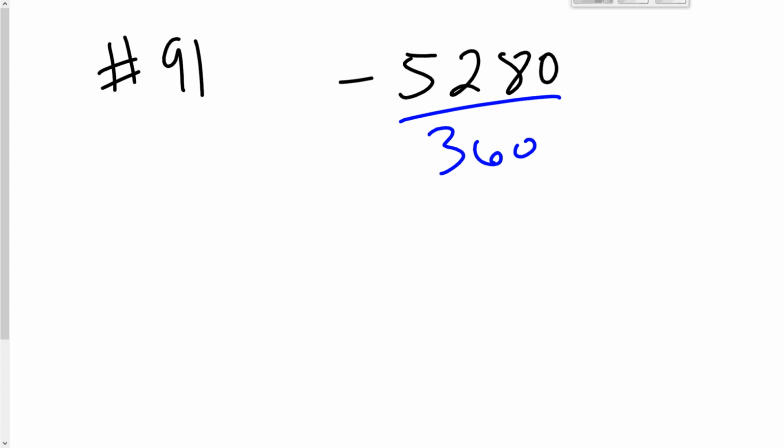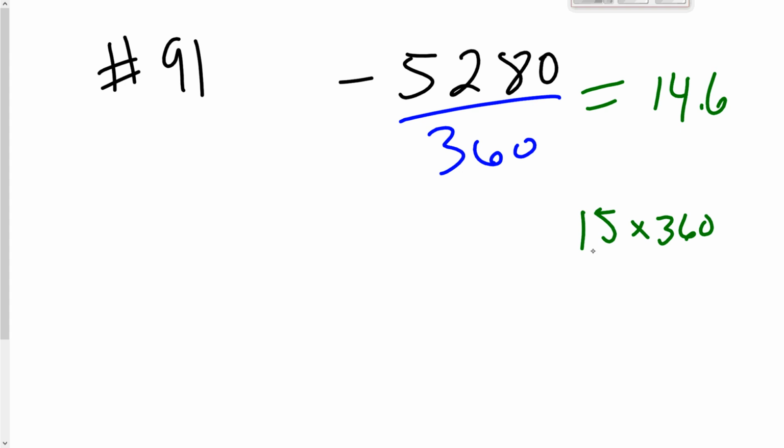It doesn't really matter that it's negative. Okay, so if I divide that by 360, I think I get, let's see, approximately 14.6. So if I round up this time and get 15, that means I'm going to have a bigger number than this, right? Which would get me a positive number. So I want to take 15 times 360.